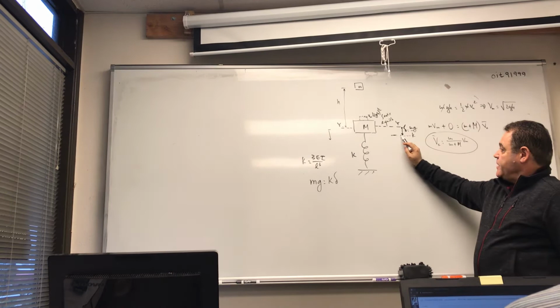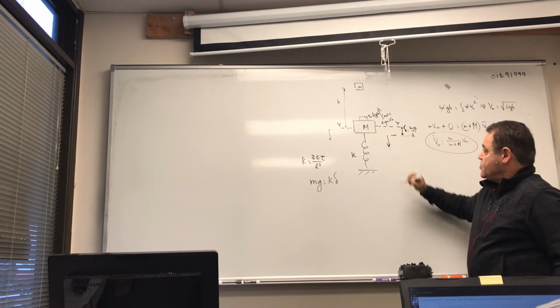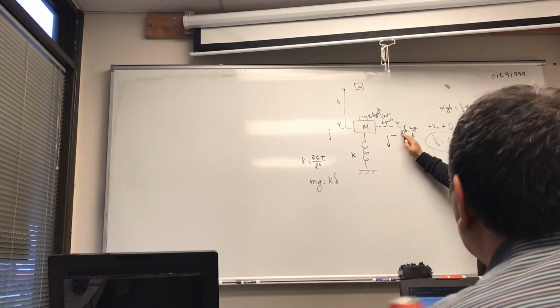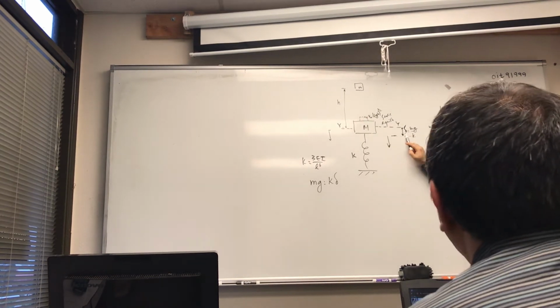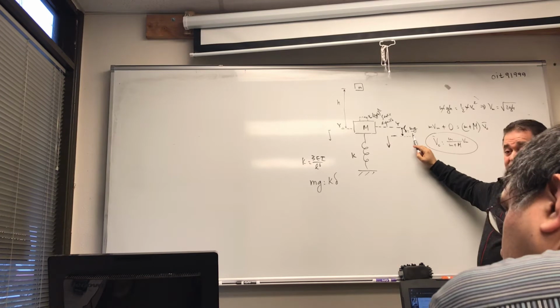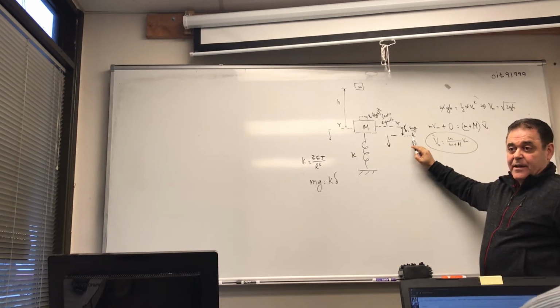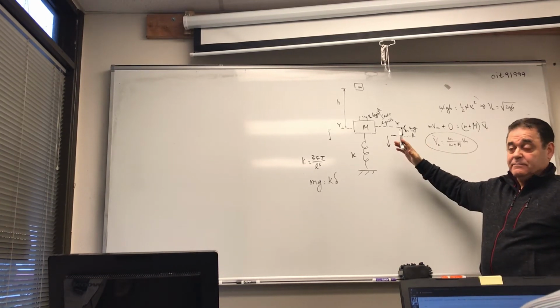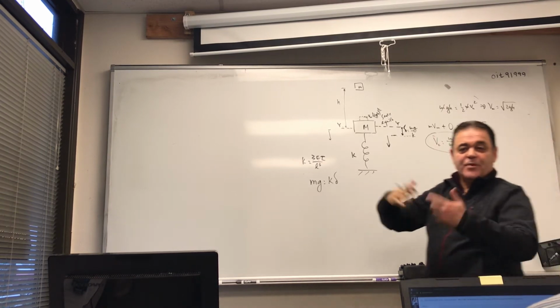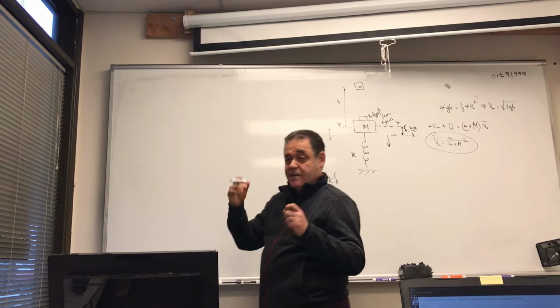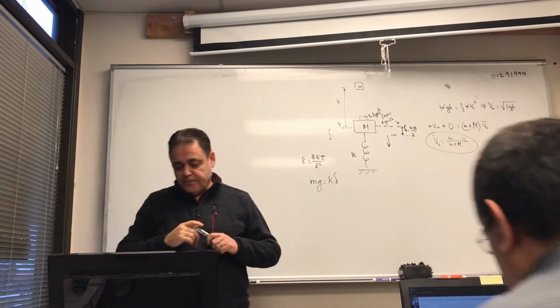If my x is going this way from this equilibrium, the initial position is negative delta, or negative mg divided by k. And the initial velocity is whatever I calculated here. Now you've got the whole thing, and you can figure out everything else the same way as we did before.